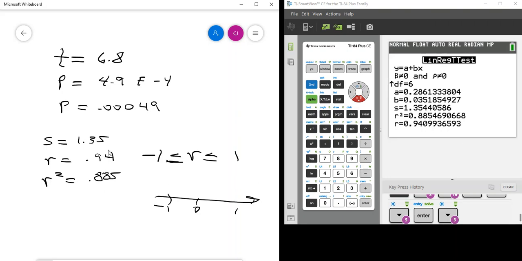It doesn't come out perfectly, but it's pretty darn close. So this is a very important regression number. It's called the coefficient of determination, and this has to do with what we refer to as the explained variation.